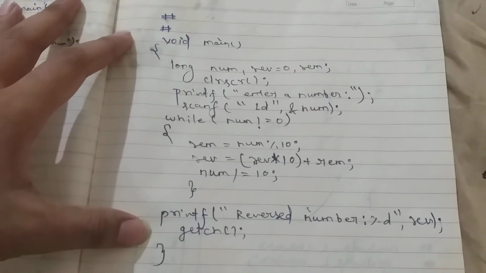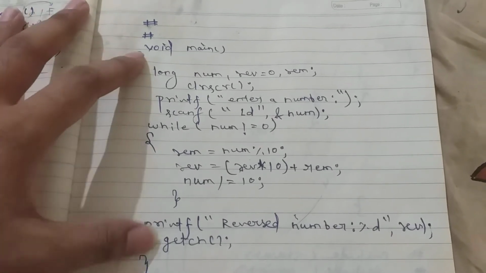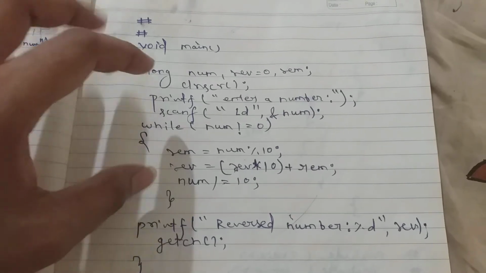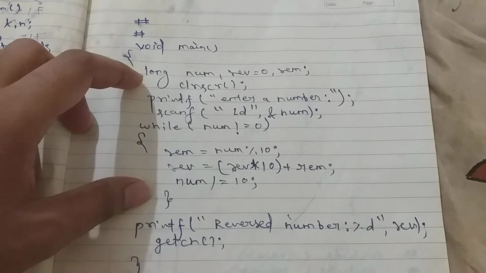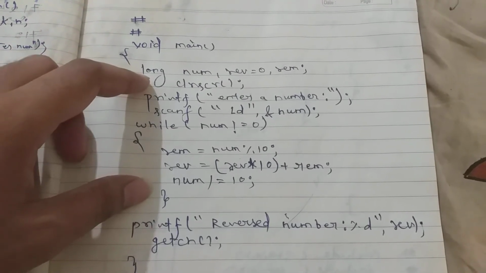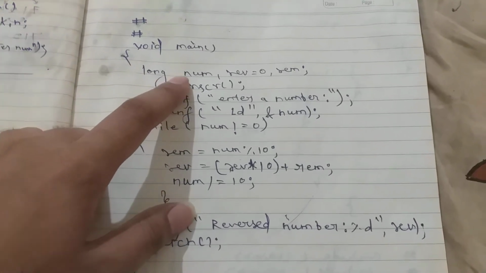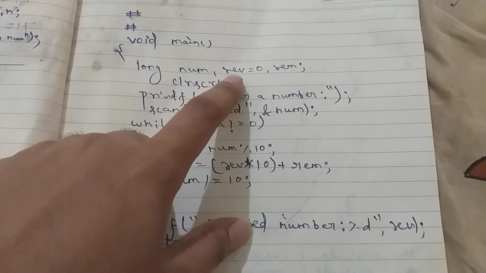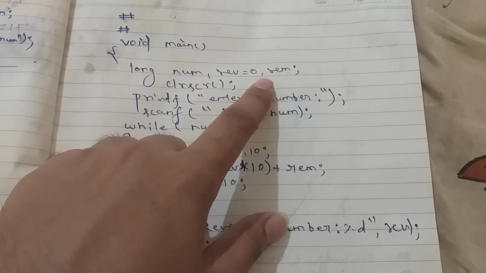As a basic structure of a C program, we will include the header files in the initial 2 lines. After that, we have the main function. Inside the main function, we have our code. As discussed in the logic, for reversing a number, we should have a number that we want to reverse, a variable named reverse of long type, and a remainder variable of long type.